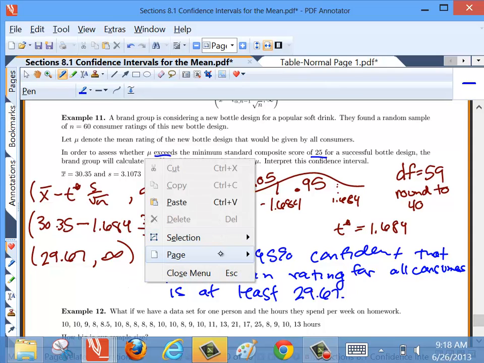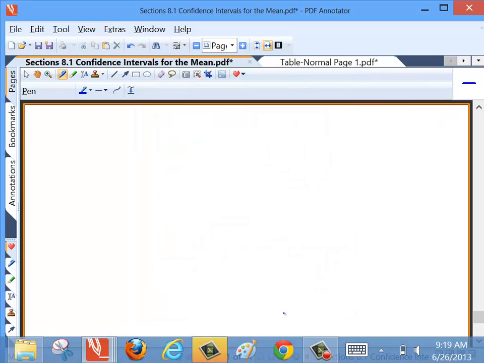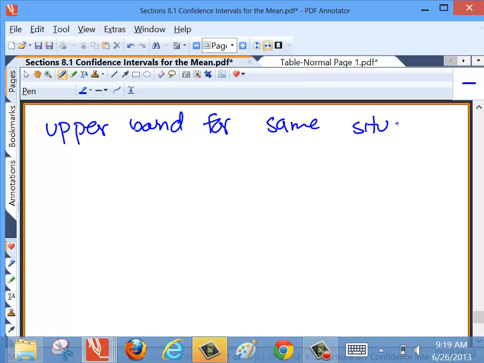So let me put an extra page in. If I was in the same situation and I wanted an upper bound, again, I draw the picture. Mostly I'm drawing the picture to make sure I figure out how much goes in the one tail.